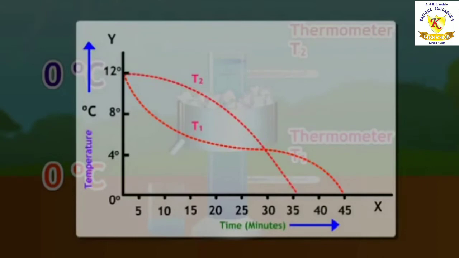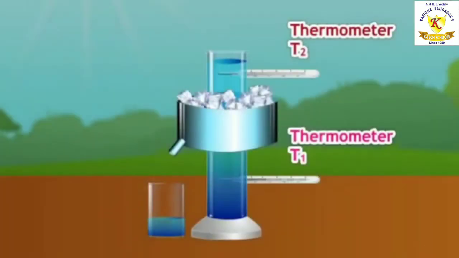How can we explain these observations? Initially, the temperature of water in the middle of the cylinder lowers due to the freezing mixture in the outer bowl. Since the temperature of water there decreases, its volume decreases and its density increases.